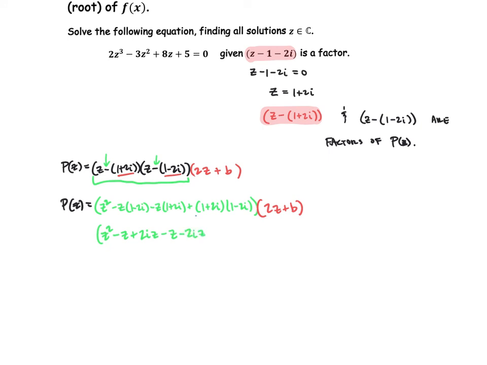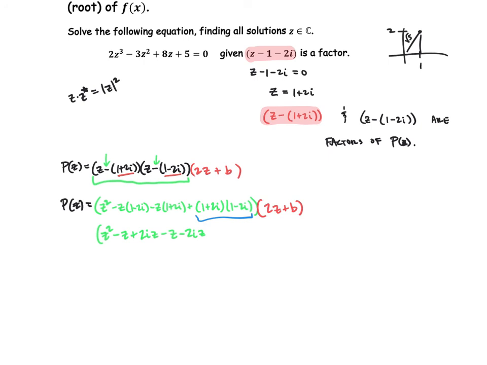And now I'm working on this. Remember, if we multiply conjugates, z times z star, this is the same as the magnitude of z squared. So the magnitude of this complex number, 1 and 2i, the modulus is the square root of 5.